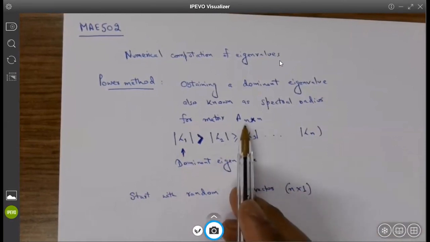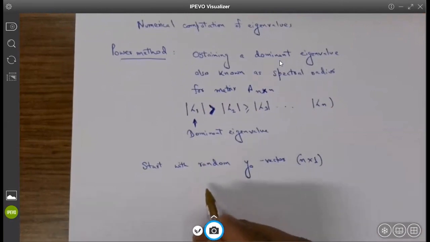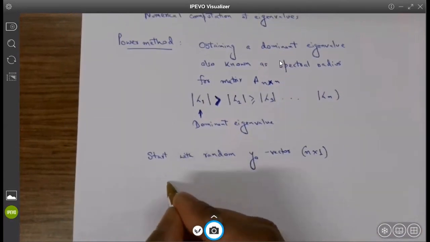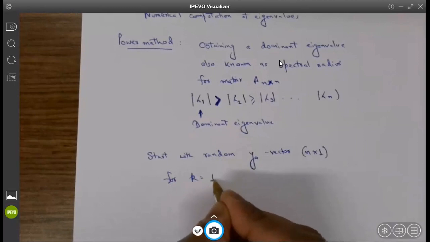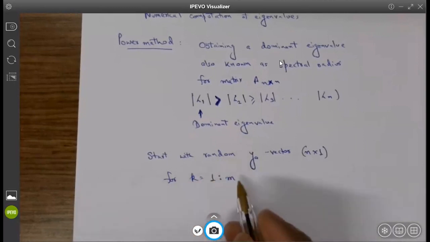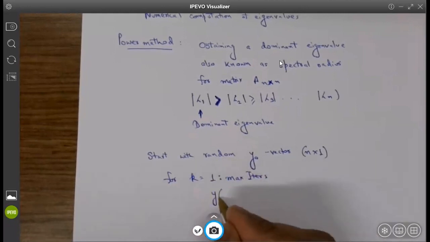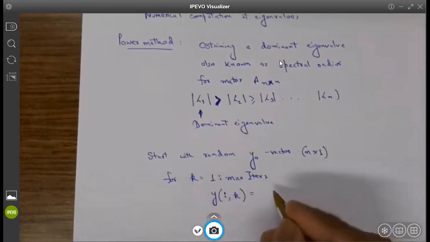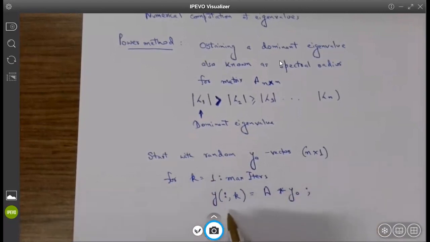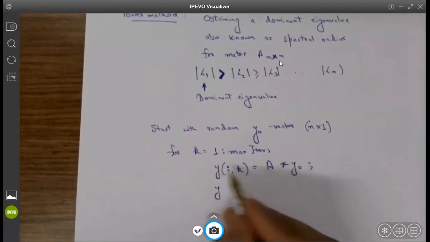Basically, n corresponds to the size of the matrix A. And what we do thereafter is a sequence of matrix multiplications, wherein let's say for k equals 1 colon m, m is your max iterations, your y colon comma k is equal to A times y0, and then you are going to take the norm of that.